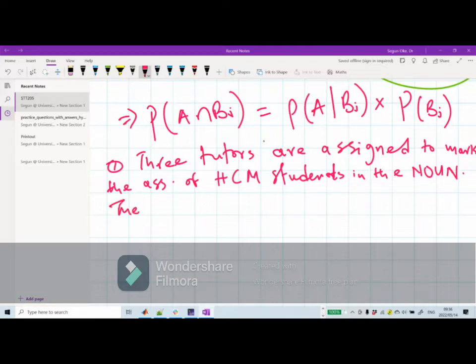Then the tutor B1 marks 45% of the assignment.